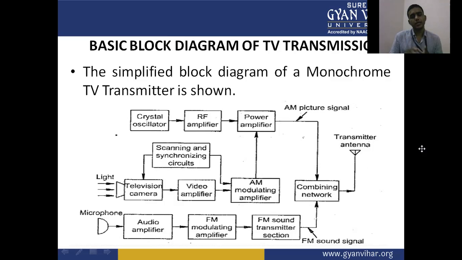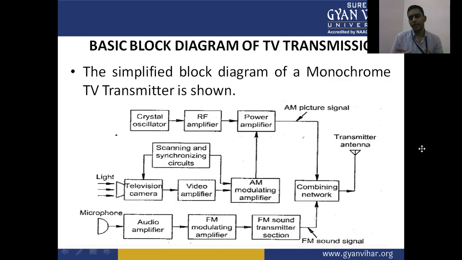Then in the next section, we have the FM sound transmitter section. So sound is transmitted to this section. And we have the crystal oscillators, RF amplifier, and power amplifier. The amplitude modulated picture signal is amplified by the power amplifier. The power amplifier is driven by the RF amplifier and the crystal oscillators.